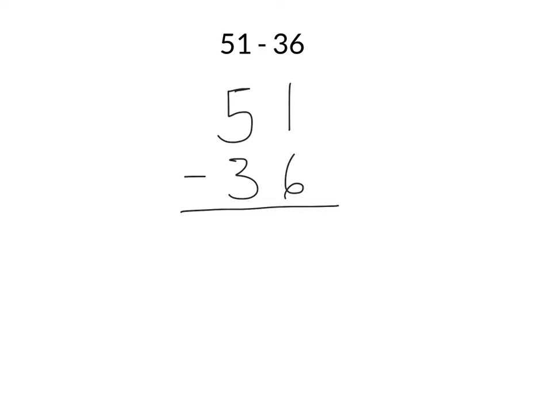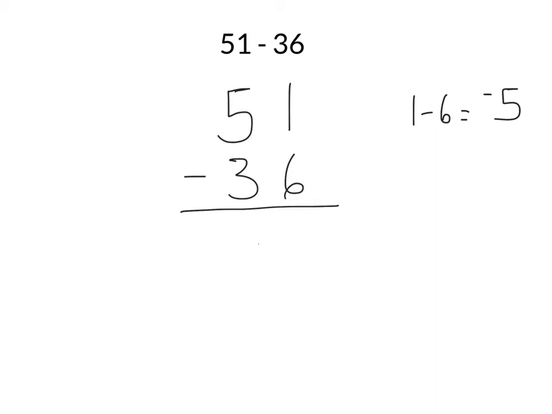However, if I do 1 take away 6, that is going to give me negative 5 as an answer. We can't have a negative digit as part of a number. For example, 5 take away 3 is 2. Negative 5 does not make sense mathematically as a solution. Therefore, we need to have a strategy to overcome this.